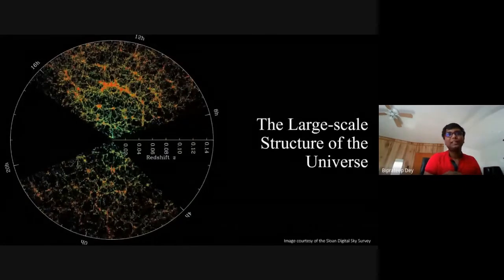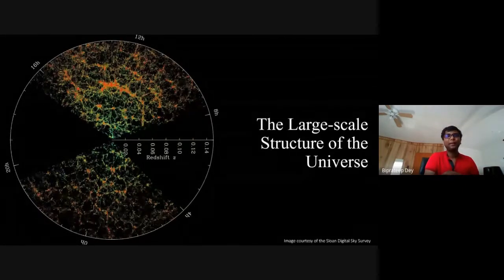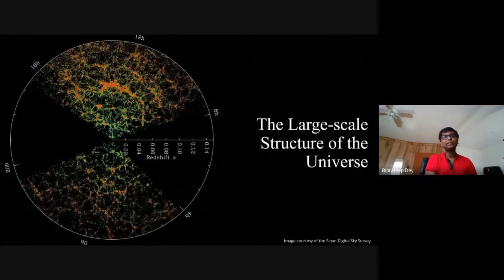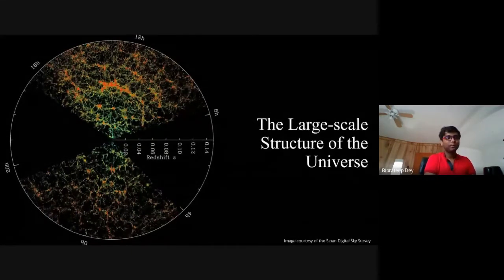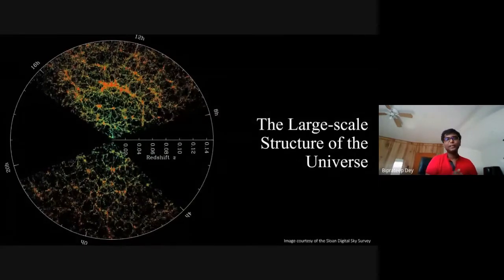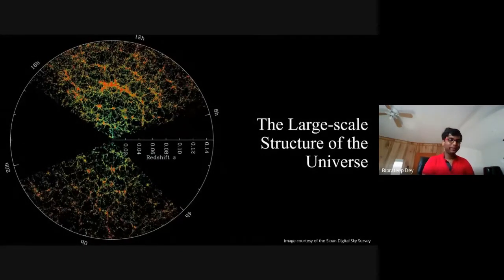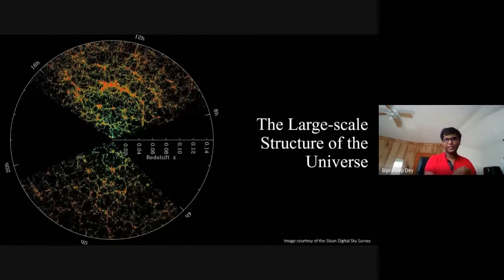On small scales, there's this kind of web-like structure, the cosmic web that people say. And by studying how these structures evolve, or how the galaxies cluster, you can study a lot about the universe. And this clustering of galaxies is also a very hot topic currently.